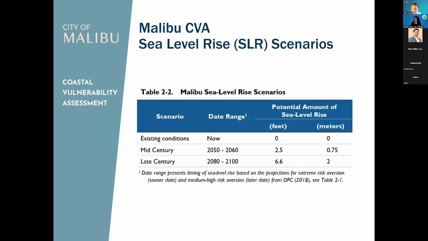The earlier dates are recommended for evaluating critical infrastructure such as emergency facilities, water and wastewater infrastructure, and major transportation infrastructure, while the later dates are recommended for community-wide planning studies such as this Coastal Vulnerability Assessment for Malibu. Next slide, please.